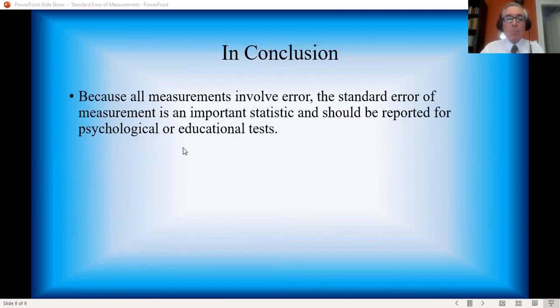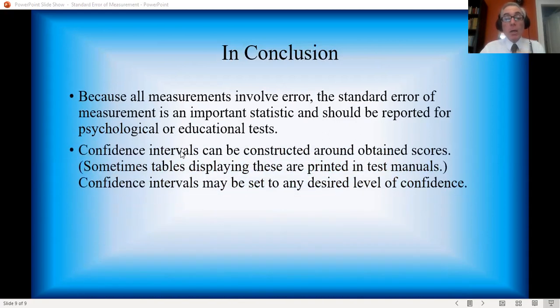So, wrapping up, remember, all measurements involve error. Therefore, understanding how much error is baked in to the test we're using is important. That's what the standard error of measurement is for. If you're reporting on any psychological or educational or other test, frankly, it's a figure that should be reported.